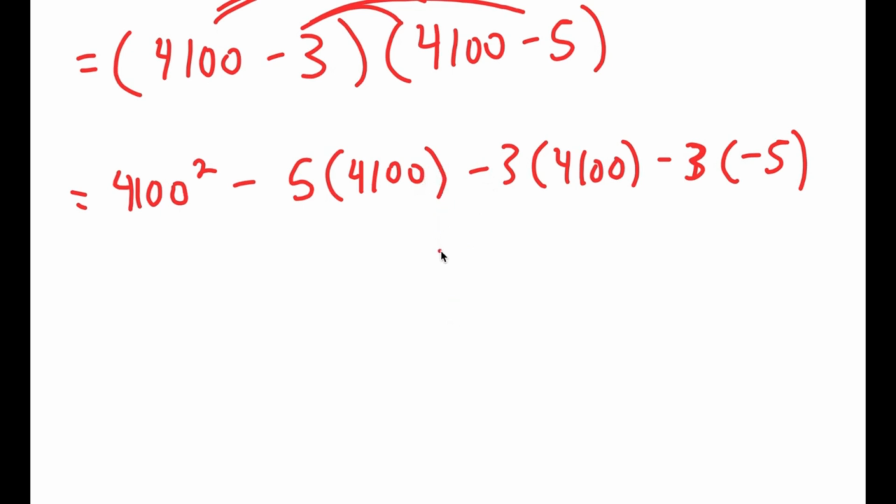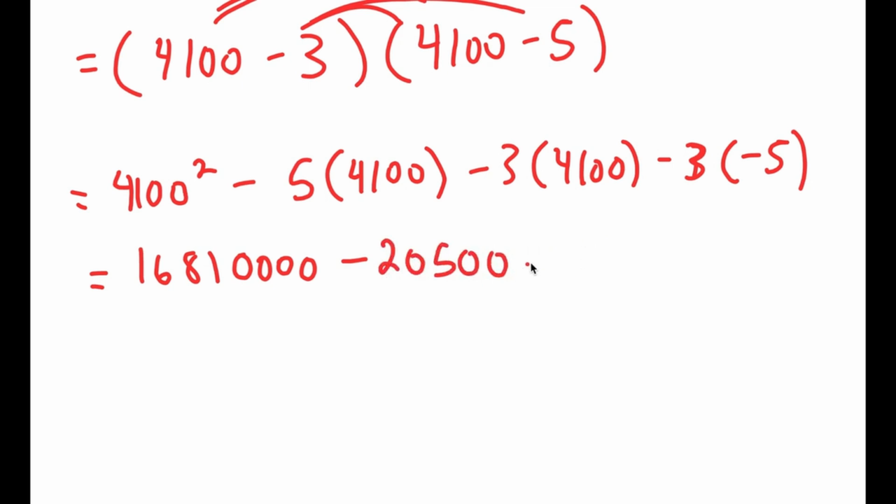So now, 4,100 squared is equal to 41 squared plus 4 zeros. 41 squared is 1,681, so I'm just going to add 4 zeros to the end there. And then minus 5 times 4,100, I can just say this is 5 times 41, which is 205, and then add 2 zeros.